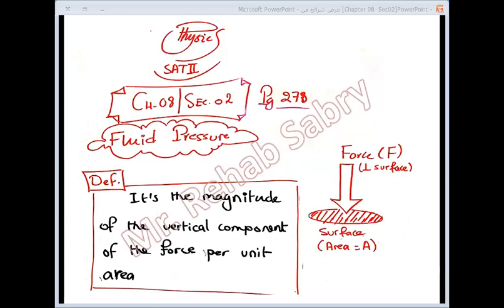طيب. What is the measuring unit of the pressure يا محمد ياسر؟ Pascal. Pascal is equivalent to what?